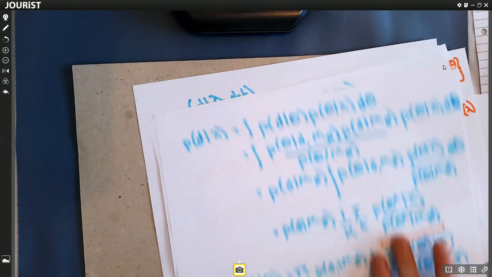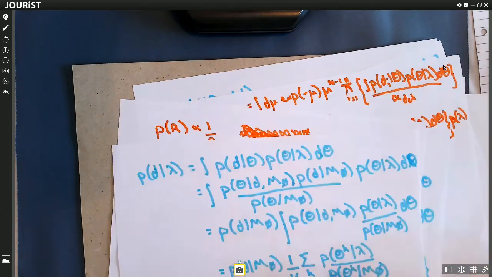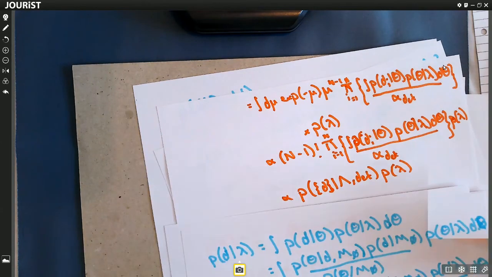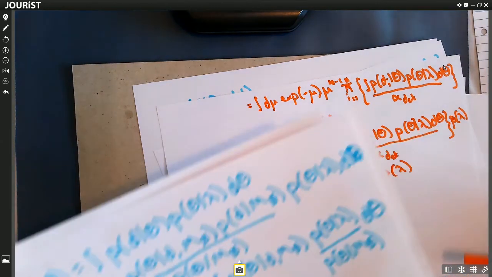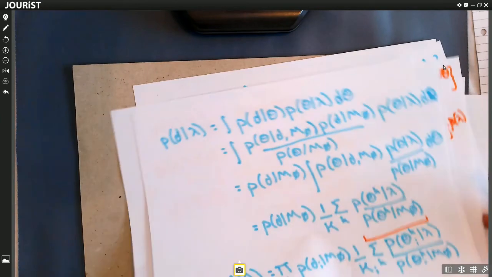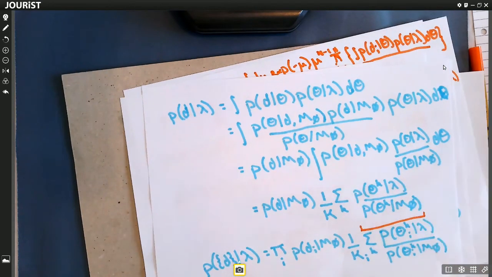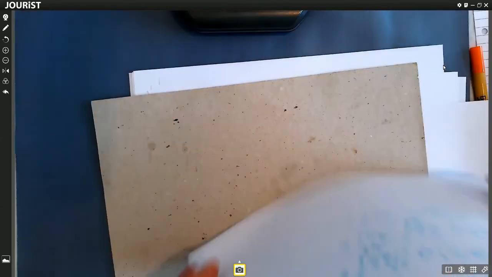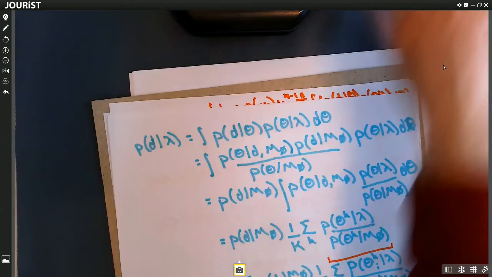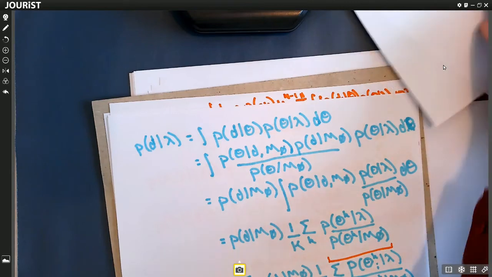So we can substitute in this form here into our equations up here. Calculate this as we want to, and this gives us our hyperposterior. So that's everything I wanted to go through in terms of the algebra here. This was the most algebraically heavy part, but hopefully that is useful to you.